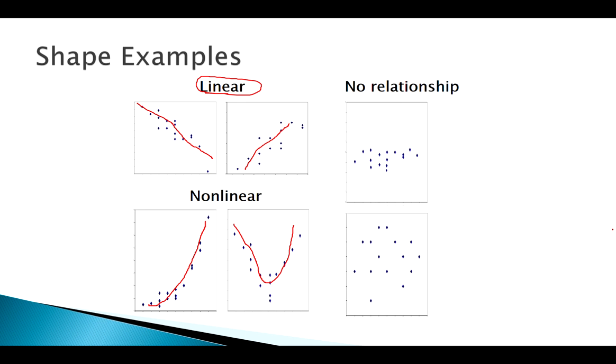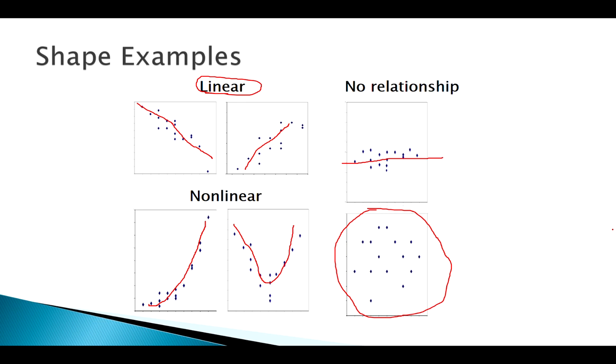Sometimes, just as interesting as finding a shape, I go into something expecting a relationship, but I could potentially find no relationship. I think it's pretty obvious why this graph shows no relationship. It's just kind of scattershot. Everything's all over the place. But what about this? Sometimes people say it looks like we could draw a straight line through these points.